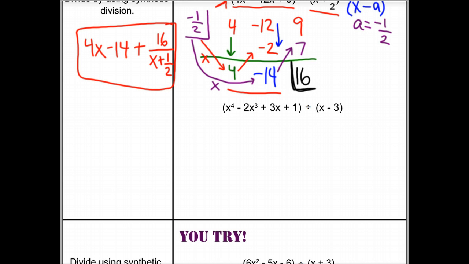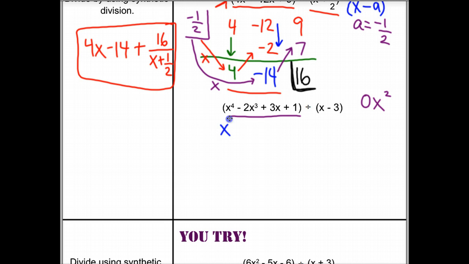So we have x to the power 4 minus 2x cubed plus 3x plus 1. Now I want you to notice that x squared in the dividend is missing. So we have 0x squared. So I'm going to rewrite that with 0x squared included.